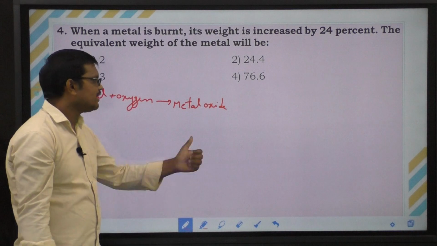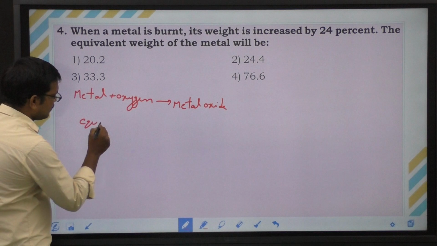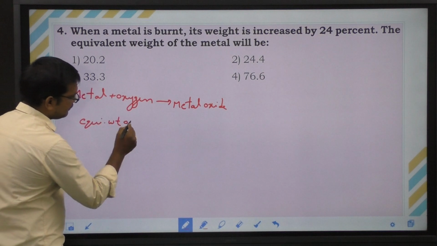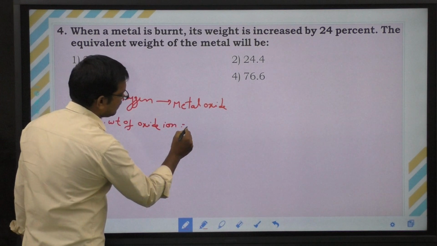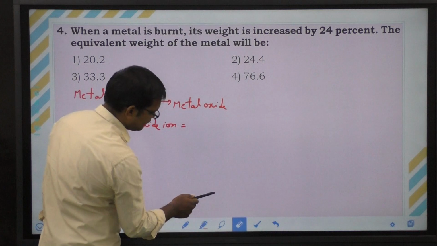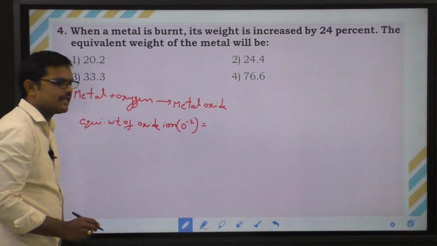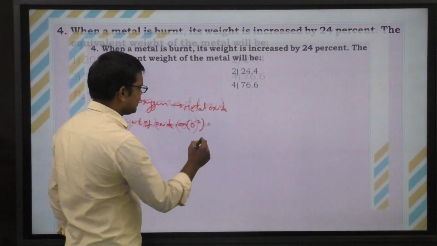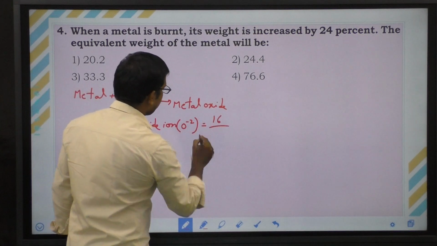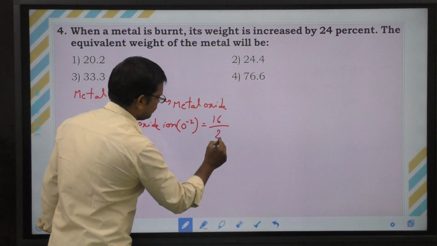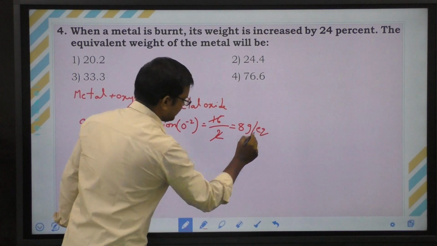How can you find the equivalent weight of oxide? The oxide ion is O minus 2, so the molar mass of oxygen, 16, by its charge on the ion, 2, gives 8 gram per equivalent.